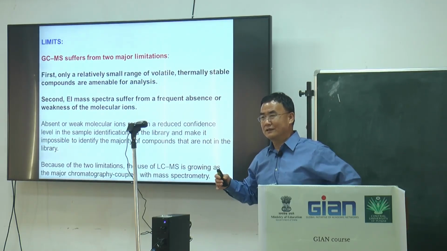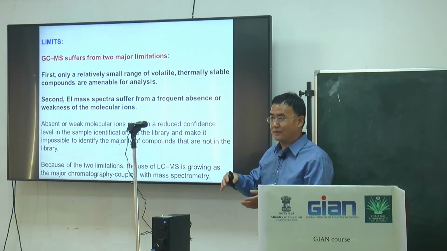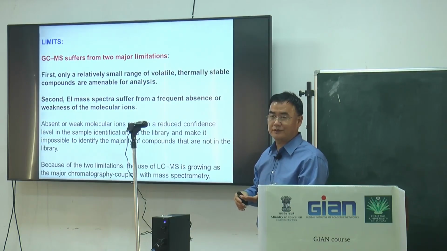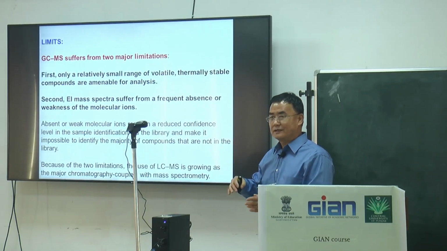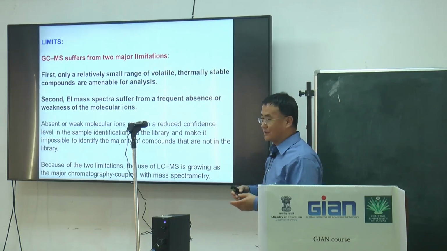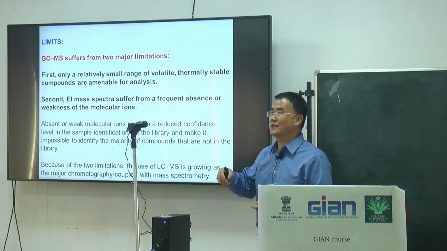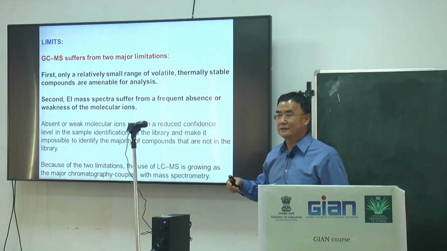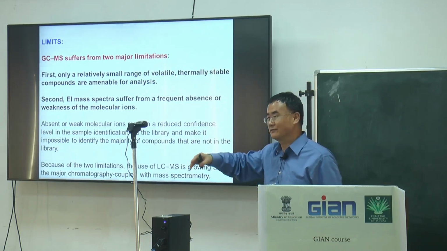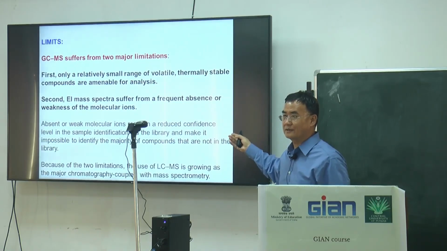However, if we find the proper way to modify those compounds, for example, Q10, which doesn't evaporate, then after we do some derivatization, using two chemicals from Sigma, you can do very easy isolation through GC-MS.